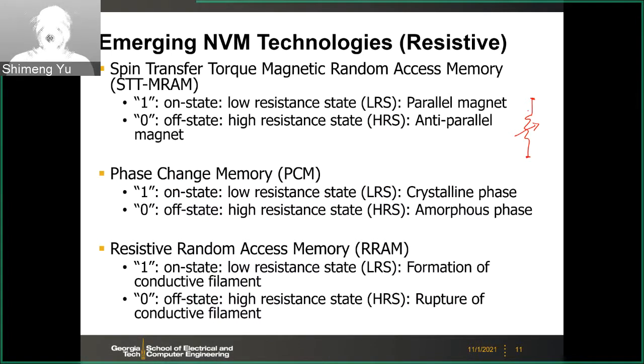Essentially, it's a resistor, but you have different resistance, either low resistance state or high resistance state. Of course, the physics is different for those three memories, but from the circuit point of view, you can think of them as a variable resistor with different resistance depending on the state, and then you can store your memory state into the resistance. So any questions so far?